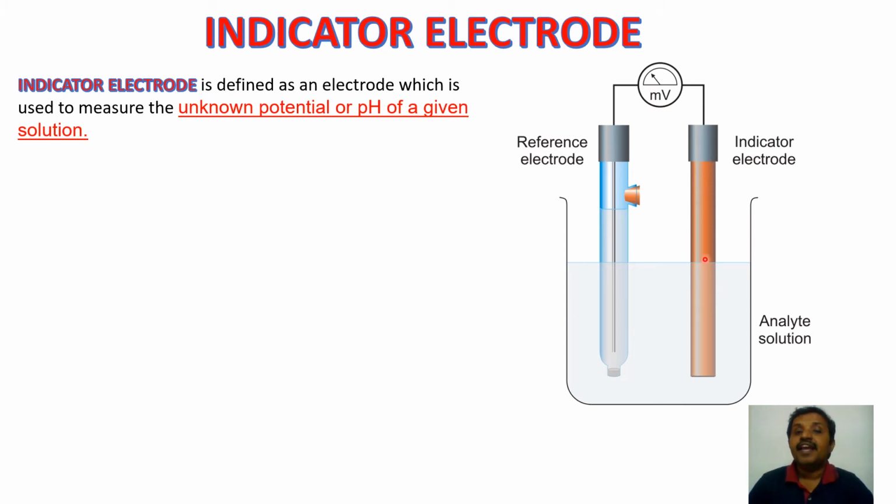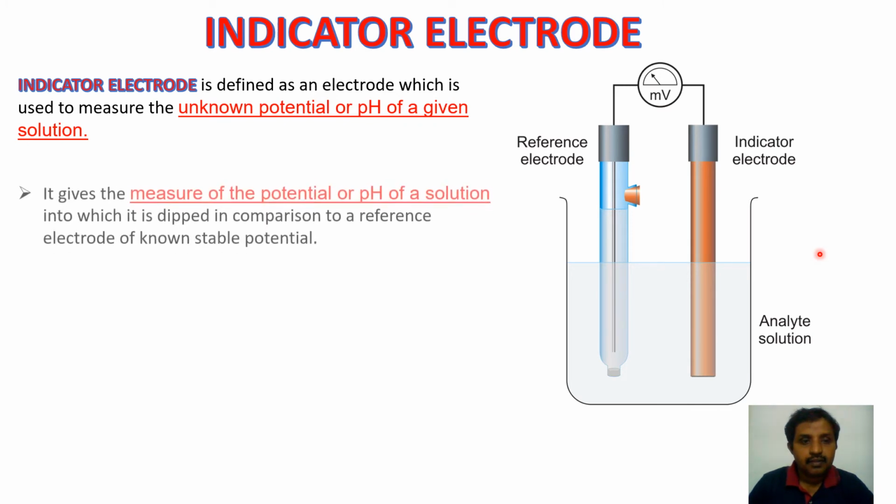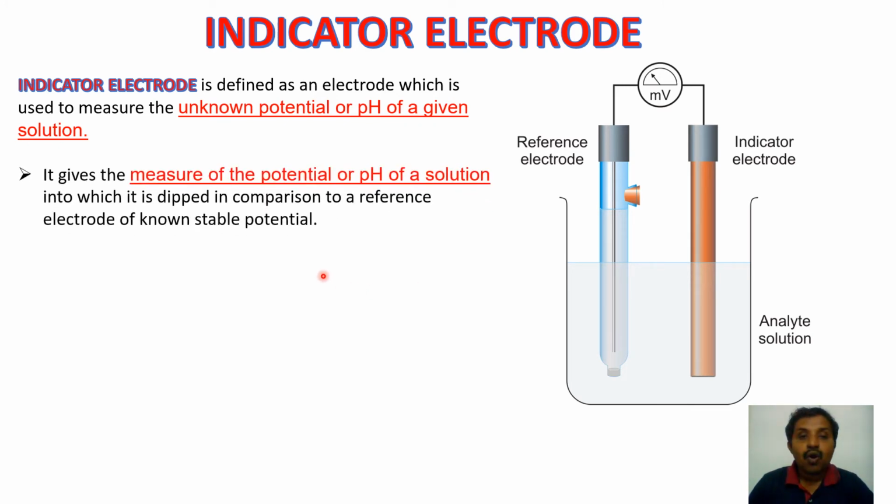By taking help of a reference electrode whose potential is known, it gives a measure of the potential or pH of the solution into which it is dipped, in comparison to a reference electrode having known potential.